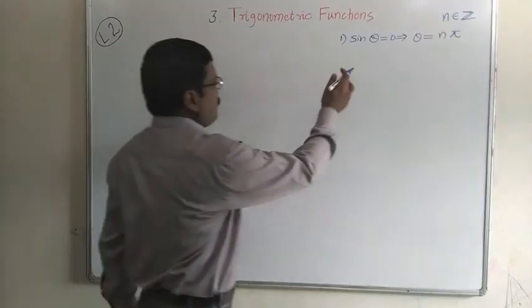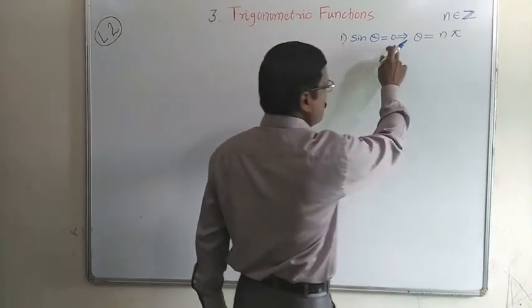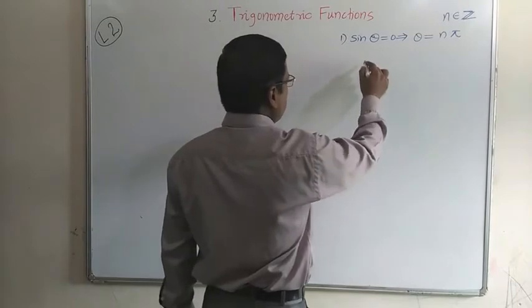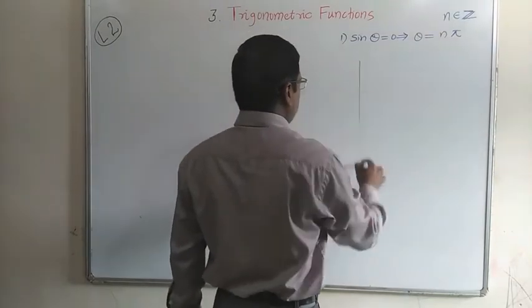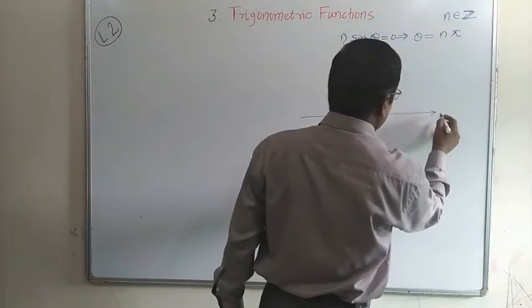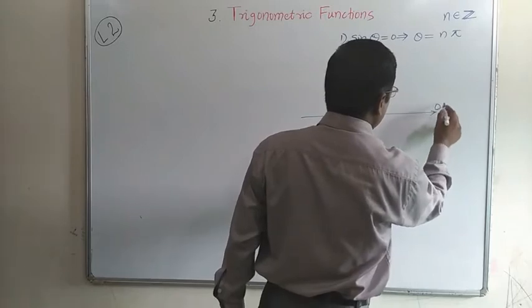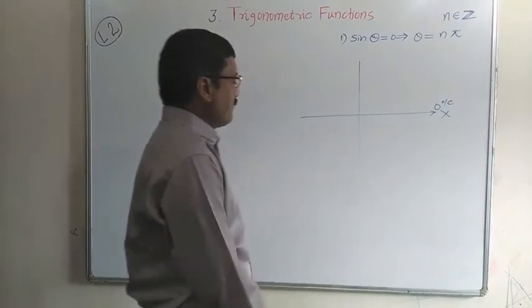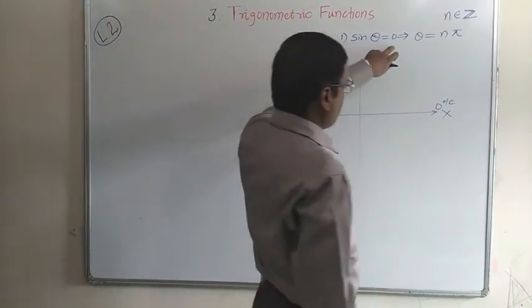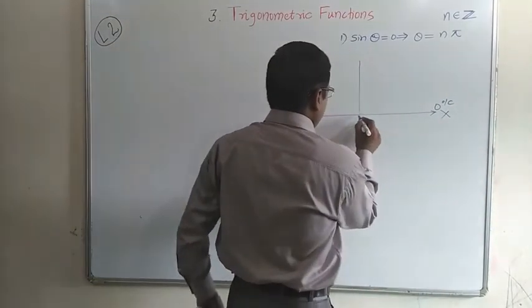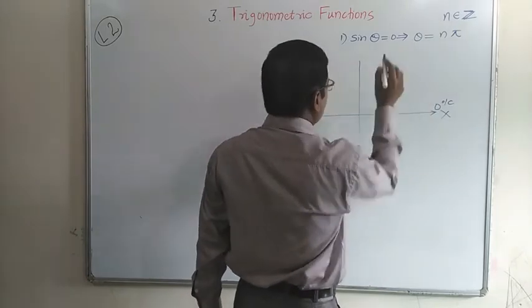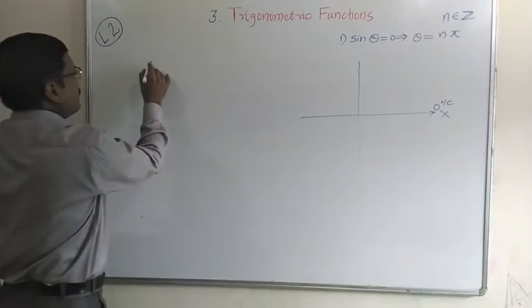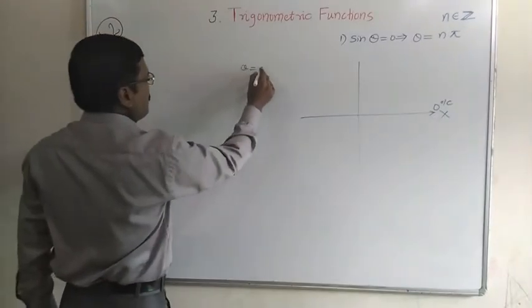Here we know when sin theta is equal to 0, obviously if theta is equal to 0, then sin theta is equal to 0. So whenever the angle is 0 degrees or 0 radians, sin 0 is always 0. Means we can write a solution for this theta is equal to 0.